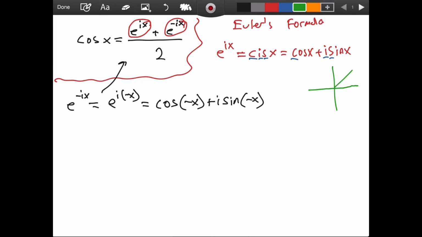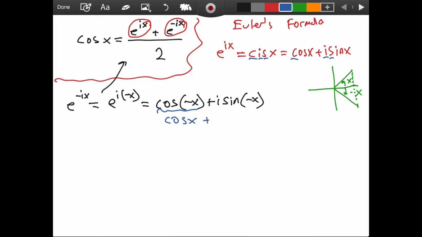So if this is the angle x, this would be the angle -x. Since cosine of x is the projection over the horizontal axis, cosine of negative x is equal to cosine of x. So this part is equal to cosine of x.